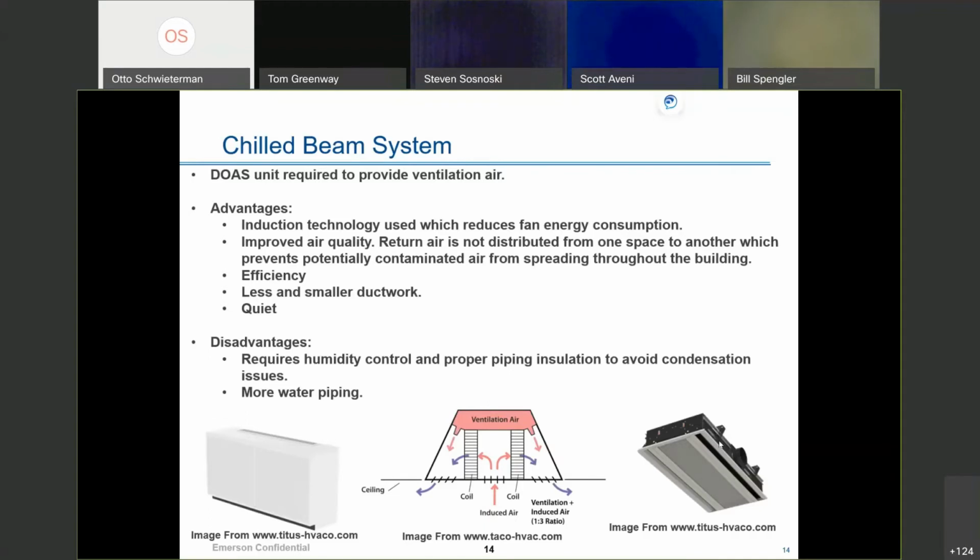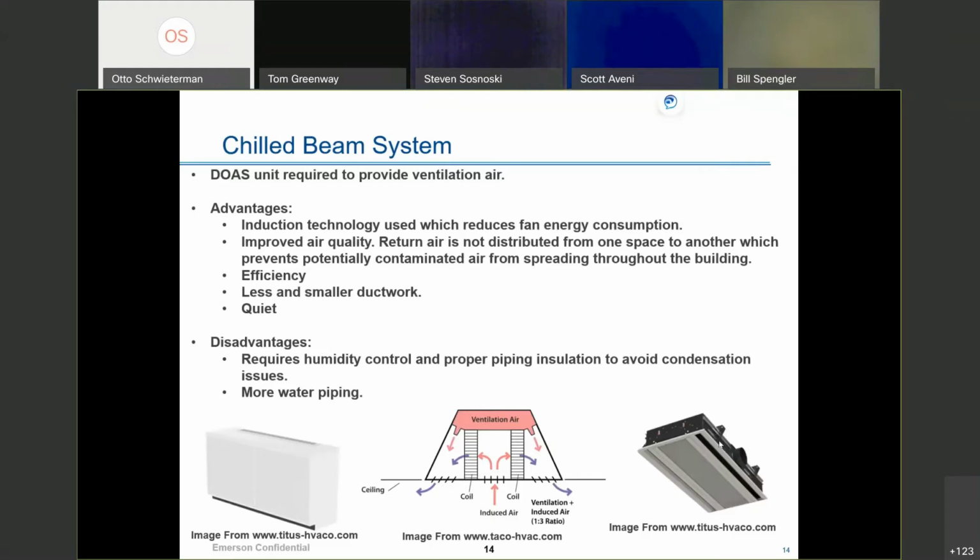The outside sides of this beam is the supply air, and the inside is what would be the return air directly from this space. So this is another example of where you don't have any air crossing over from one space to another. One classroom is not going to be receiving the same air that the other classroom just returned back to the system.